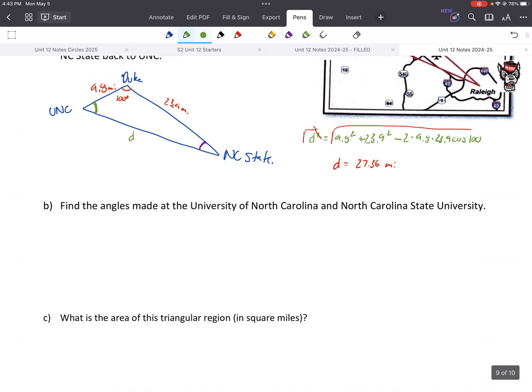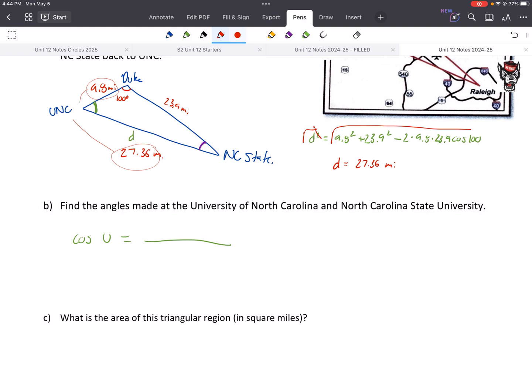Okay, so we would have cosine of that angle is equal to, and again, we want the sides that are included or touching that angle. So I'm going to put this right over here that we came up with. These are the two sides that are next to that angle that we're trying to solve for.